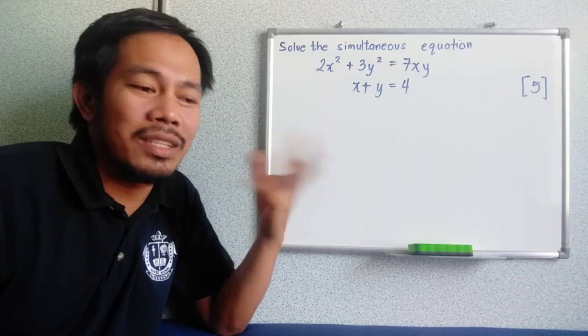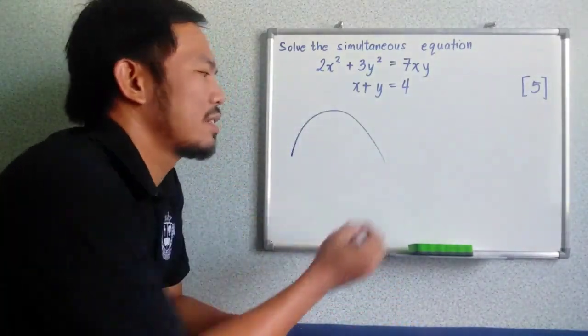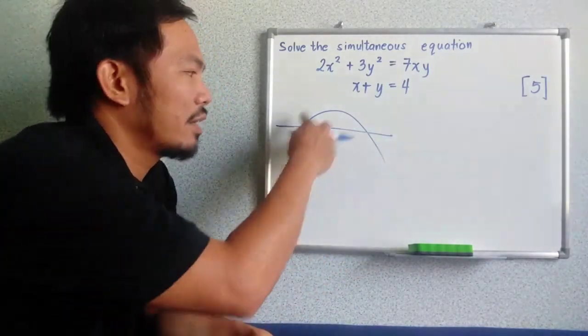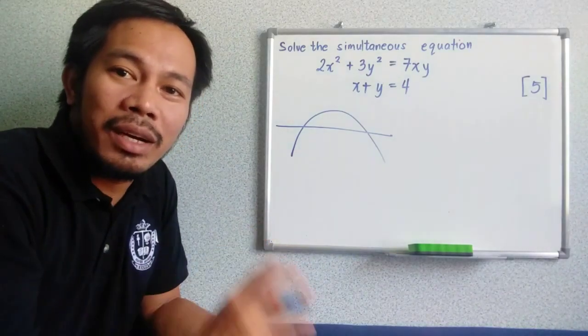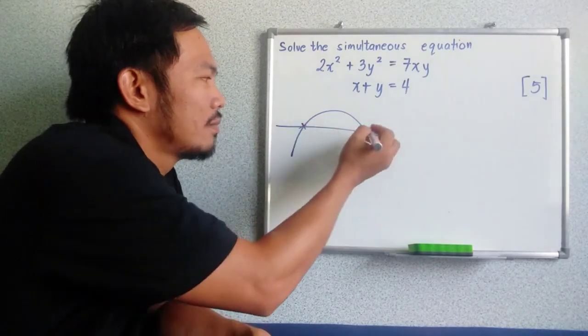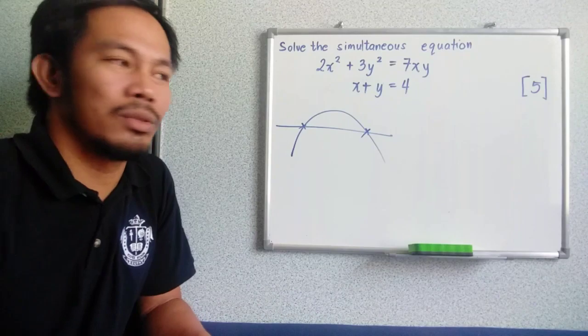Basically, if I have a curve like this and a line, it might be possible that they intersect at 2 points.